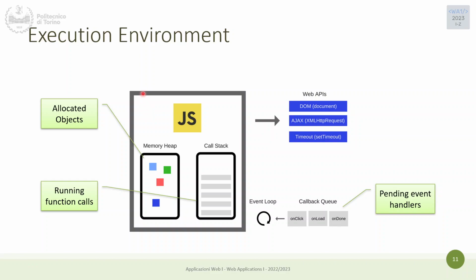If you did any other course, like algorithms and programming, probably this is not new for you at all. You have a memory heap, which is a data structure that contains all the declared variables. And you have a call stack, in which all the functions are stored at execution time, okay?